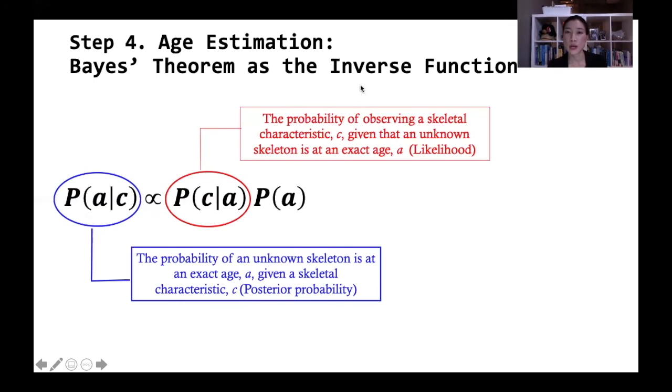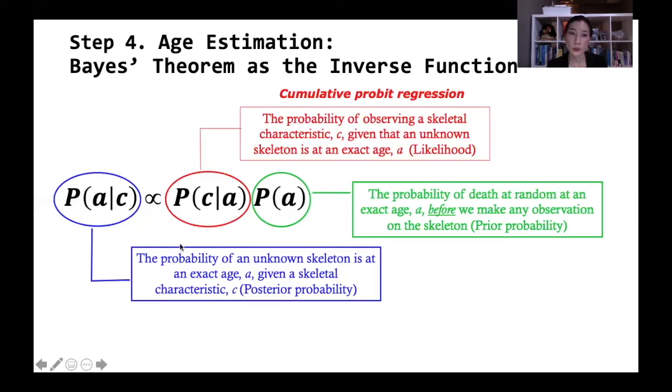Just to reiterate, we obtain the likelihood from the cumulative probit regression, as I explained in the previous slide. To get to the posterior probability, which is our ultimate goal, we need the probability of death at random at a certain age, or the risk of death for the entire population before we make any observations on the skeleton. This is called the prior probability.